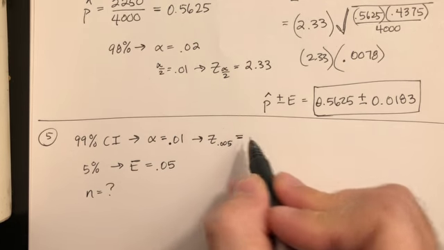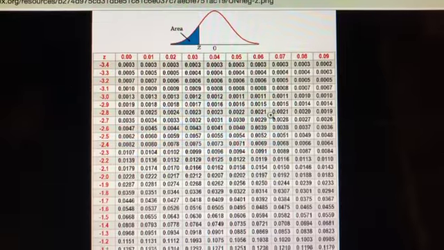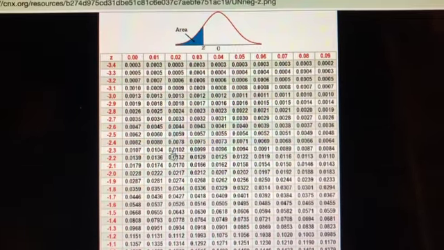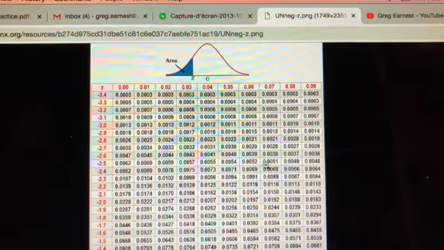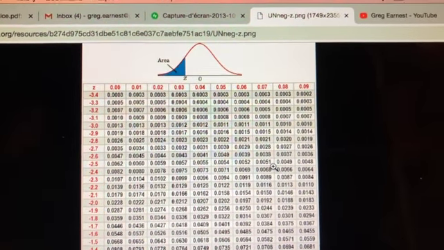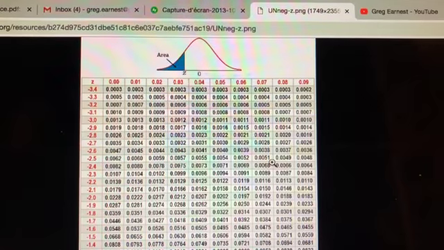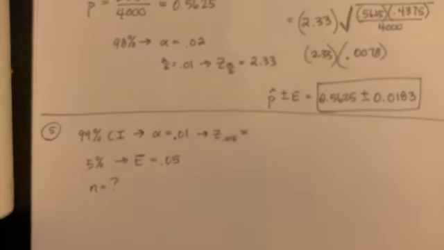All right, let's go to the chart. It's a very small number, so I'm going to go to this one. I want 0.005. Right here, right in between these two, actually. So it's negative 2.575. 2.575.